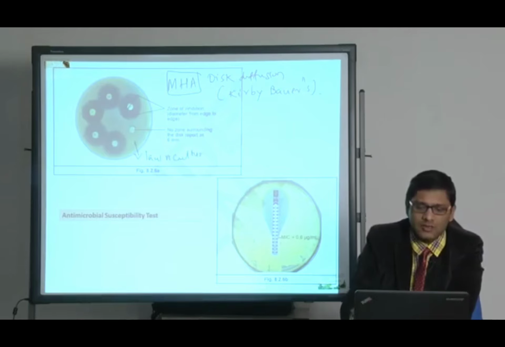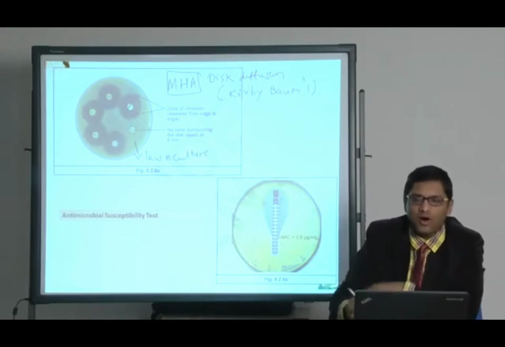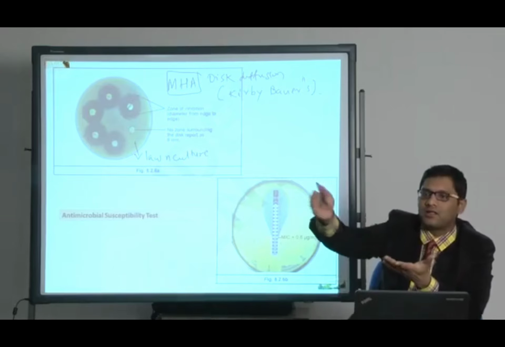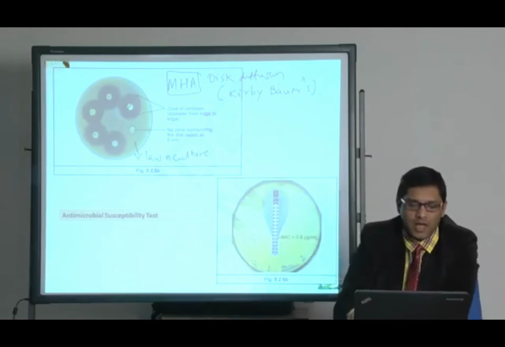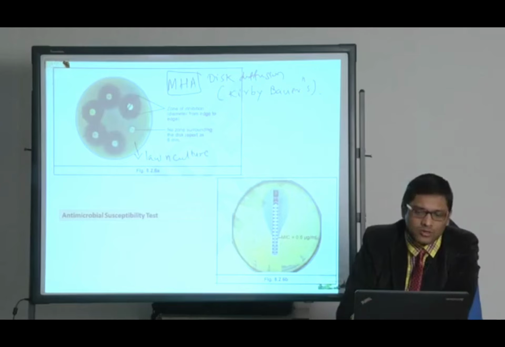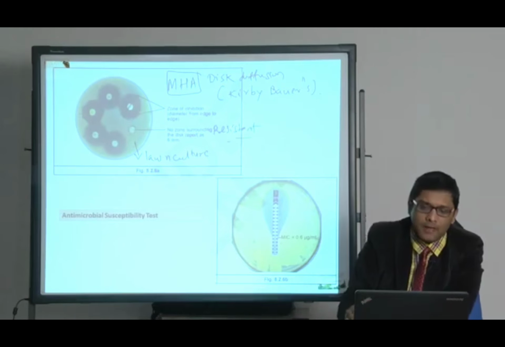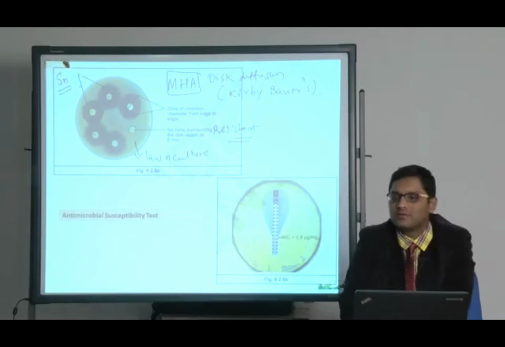You have to do a lawn culture or the carpet culture of the organism over the culture medium. After that you have to place the disc. If there is growth surrounding the disc, then this is considered as resistant. If there is no bacterial growth surrounding the disc, this is considered as organism is sensitive to the antibiotic.